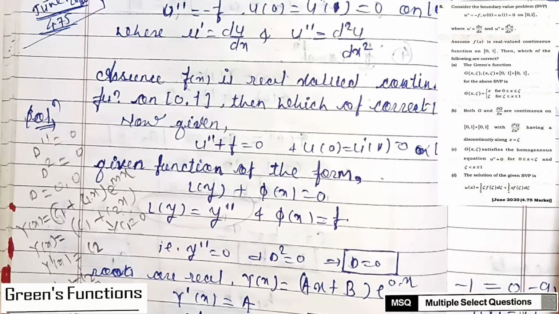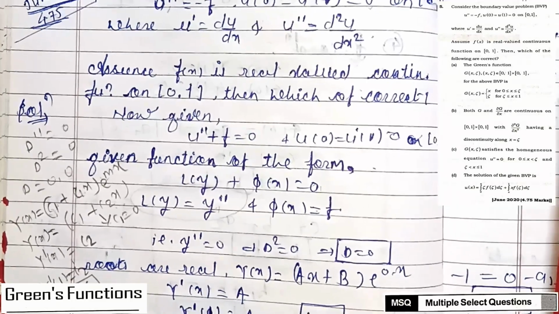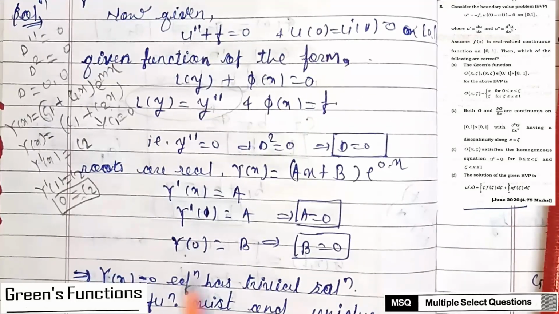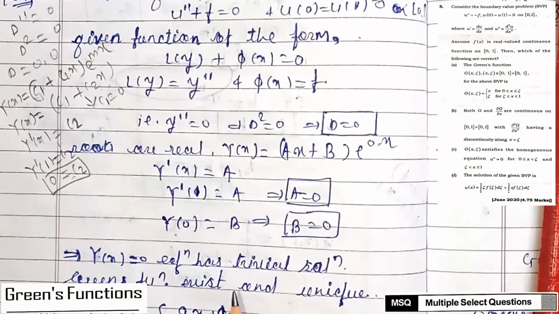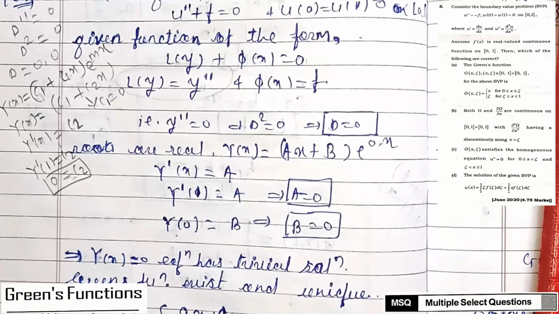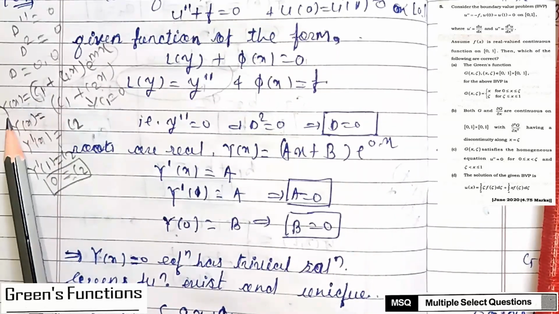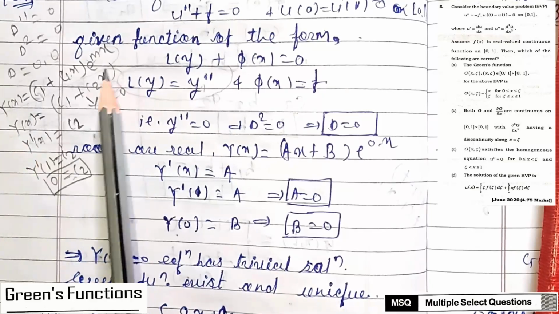And the main problem starts from there. So for your better understanding, you may refer to this solution. Here y of x is 0, so the Green's function exists and is unique. Now we want the Green's function by using this solution, c1x plus c2.